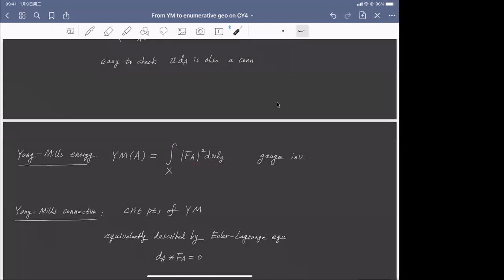This is a function on X, and this is the volume form on X, which we can integrate. One can easily check that this Yang-Mills energy is invariant under this gauge transformation. So this Yang-Mills energy descends to the space of all connections modulo gauge transformation.